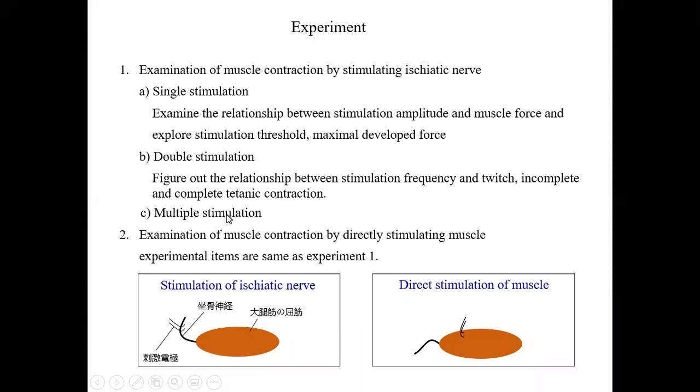For double and multiple stimulation, we are going to figure out the relationship between stimulation frequency and twitch, incomplete and complete tetanic contraction. So this is stimulation of nerve to cause muscle contraction, and this is directly stimulating muscle to cause muscle contraction.